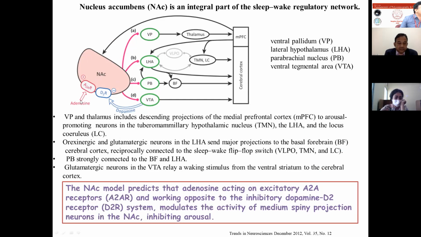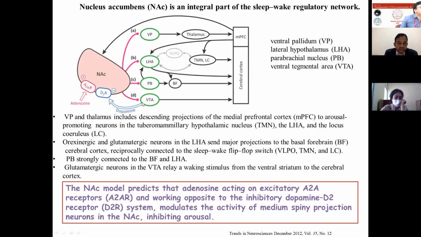So whenever there is activity of the nucleus accumbens, in turn this will inhibit all the wake-promoting neuronal groups. So we have the ventral pallidum, lateral hypothalamus, parabrachial nucleus, ventral tegmental area.